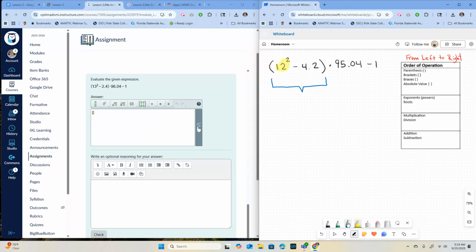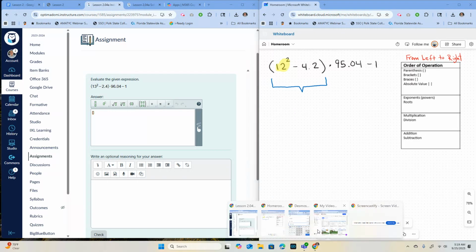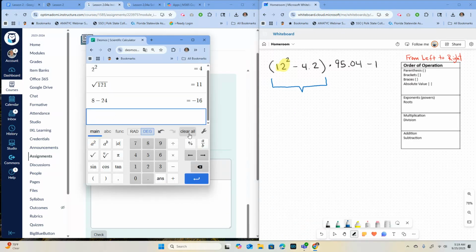Now what I'm going to do is take my calculator and I'm going to do first, let me clear all of this. I'm going to do 12 squared, and you can see I got 144, but I'm going to write it really little here, 144. And then after I do that I'm going to subtract 4.2.